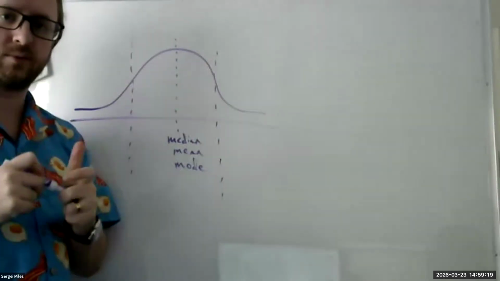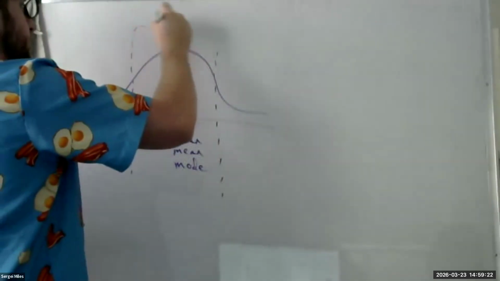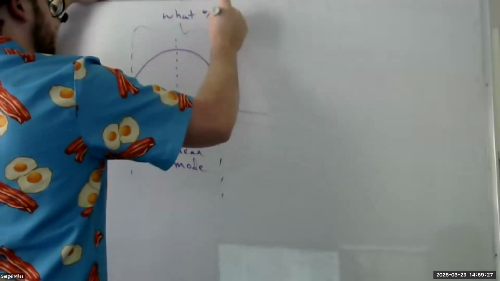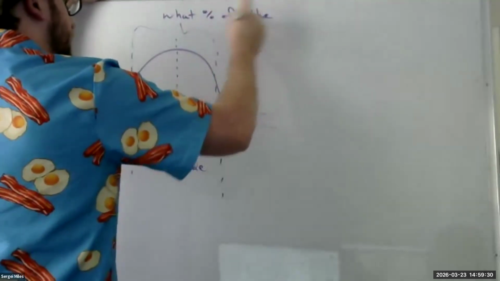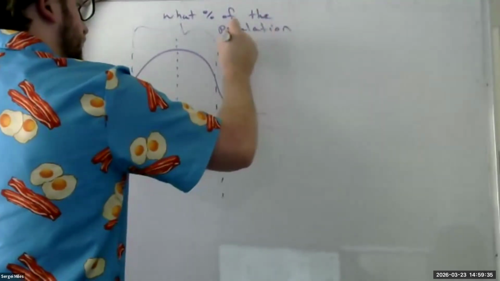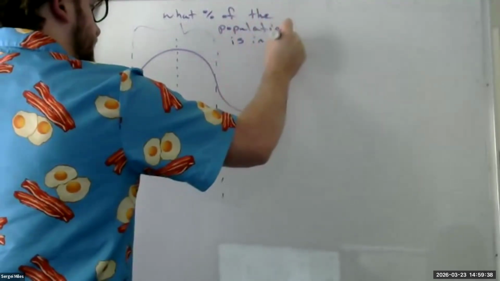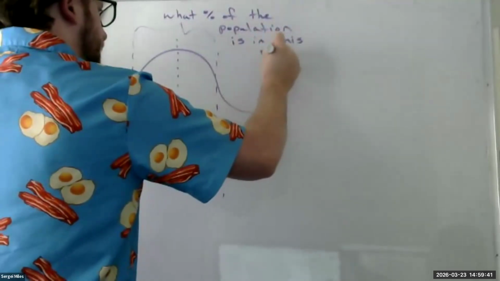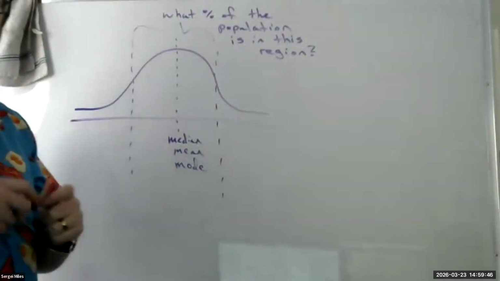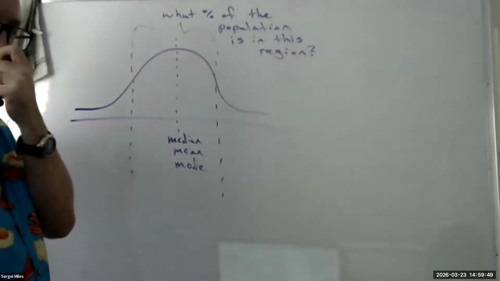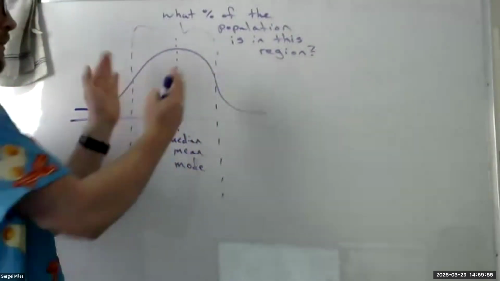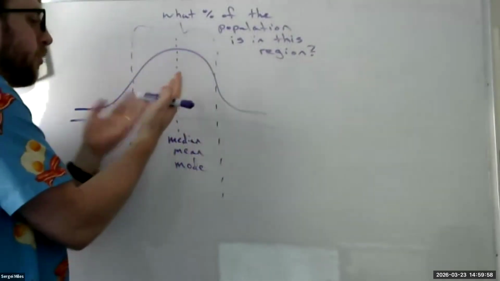I'm just going to focus on this middle region, and I want to ask the question: what percent of the population is in this region? This could be a possible question that we would want to answer. I know based on the picture that a lot of the population is gathered here in the middle, but what percentage is that?